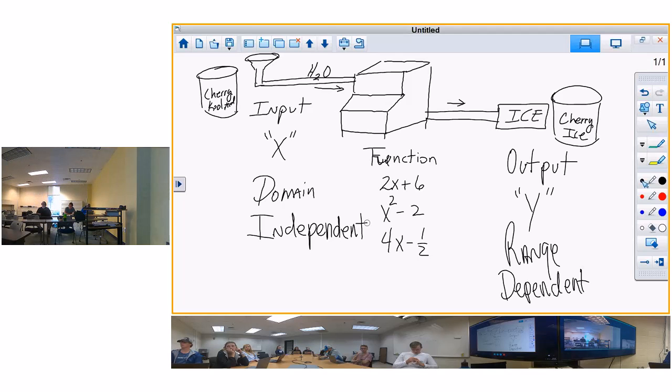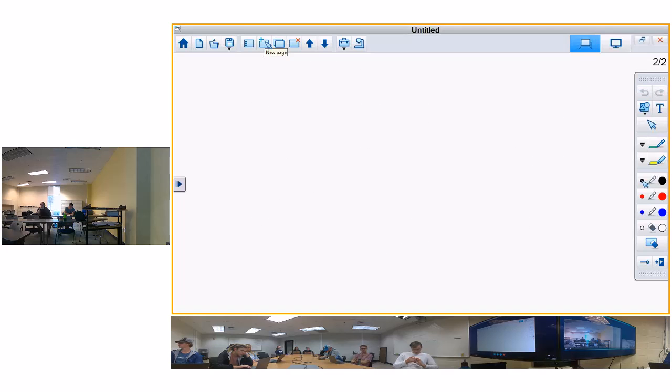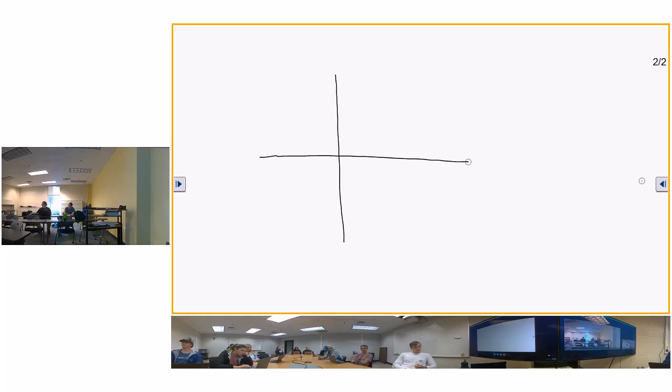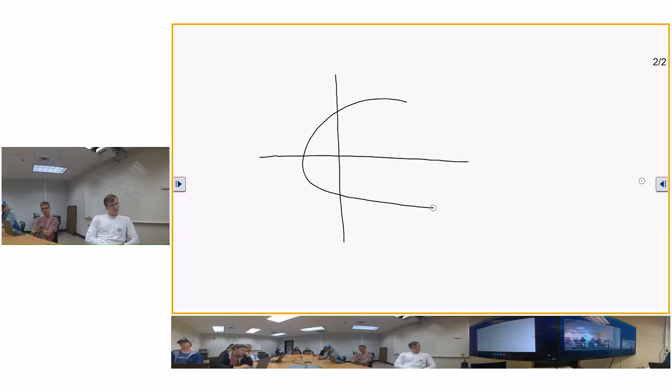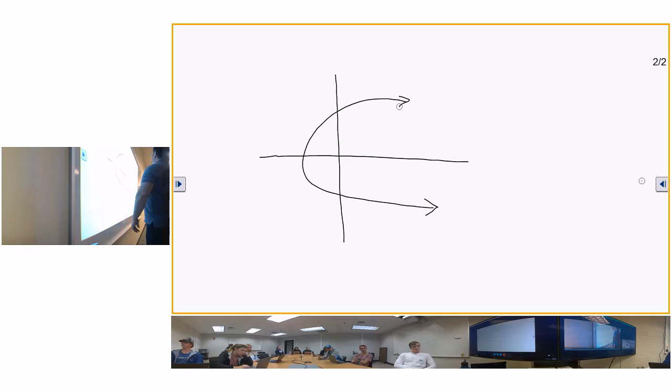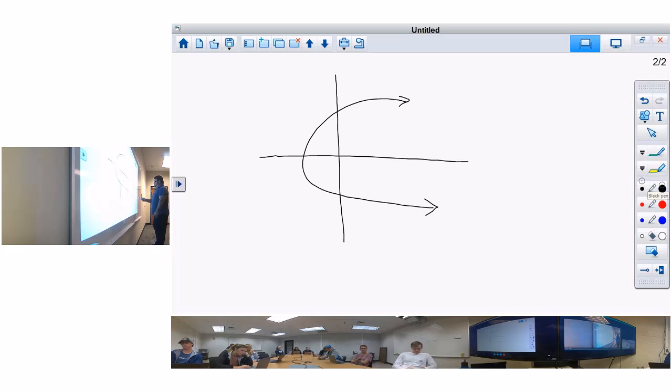Now, if you can visually see this, then when you do that problem, you'll be able to say, oh, okay, I understand. Okay, so let's go ahead and have a graph. And this is a hyperbola, which is a sideways parabola. And let's draw a vertical line through it.